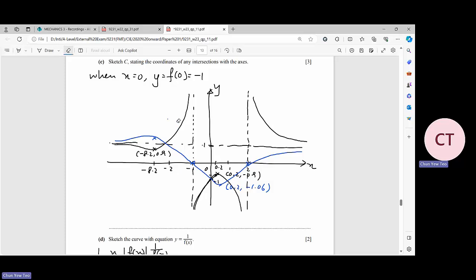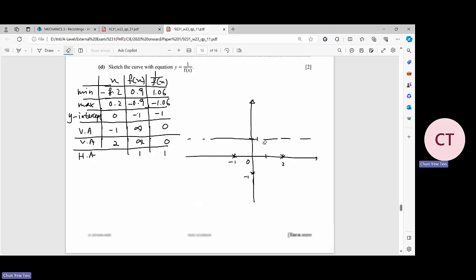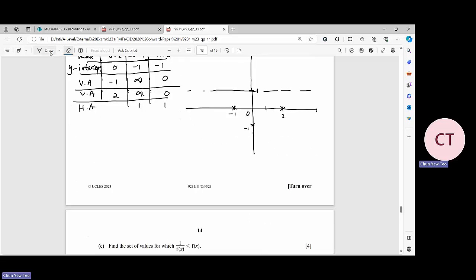But the question didn't require you to sketch the original graph and the modified graph at the same plane together. So we no need to show it over here. I just show to you so that now I'm going to plot it over here. So my graph is going to be like that.